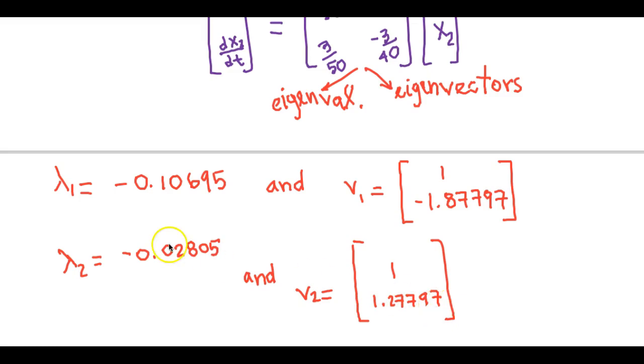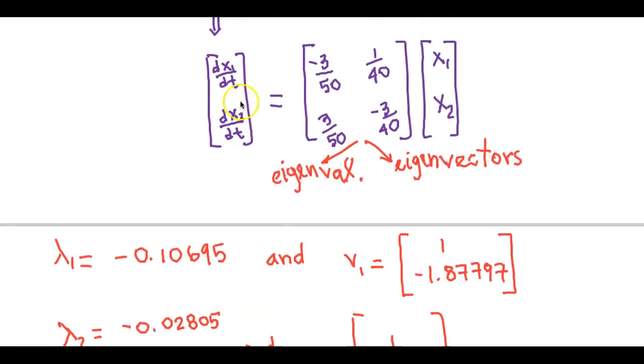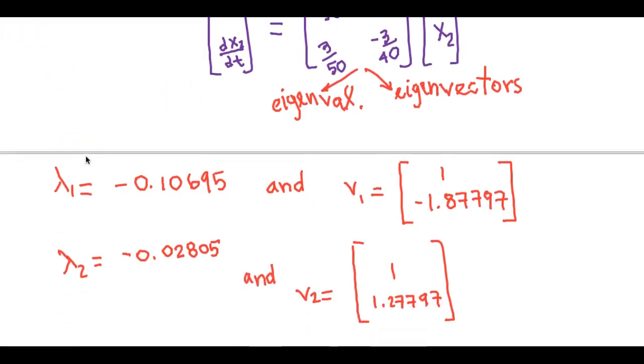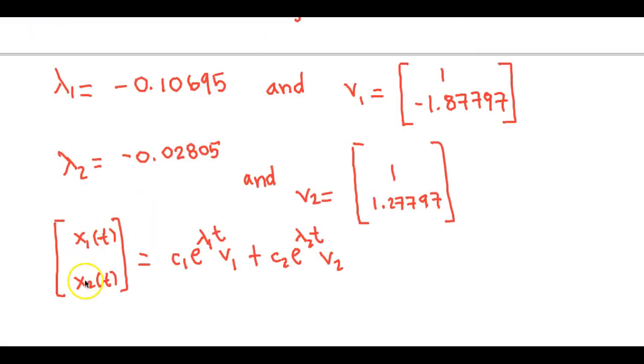That means that we can write the solution of this system, using the eigenvalue method, as a linear combination that involves these eigenvalues and eigenvectors. In other words, x1, x2 is c1 e to the lambda 1 t times v1 plus c2 e to the lambda 2 t times v2.